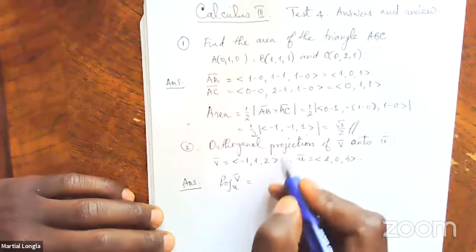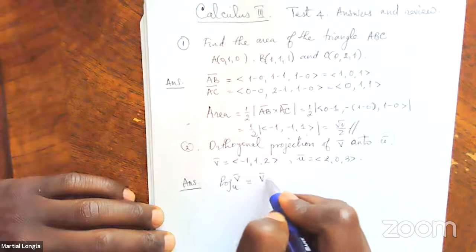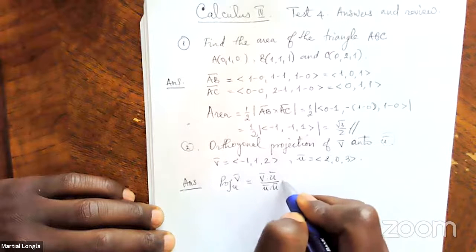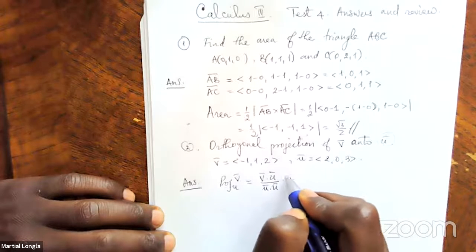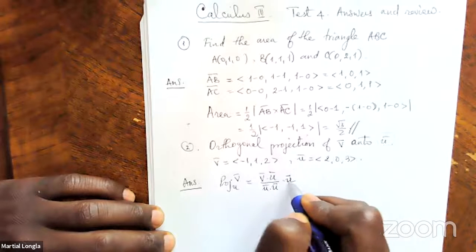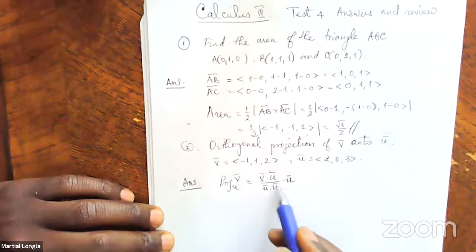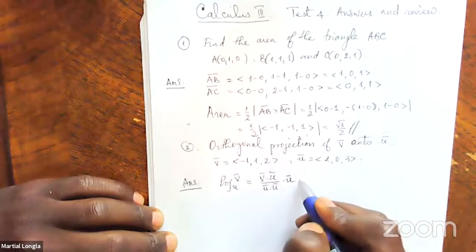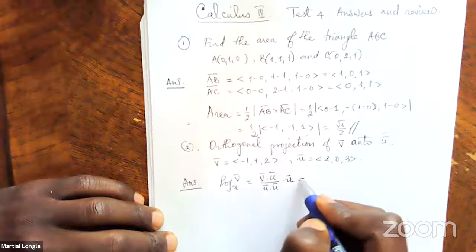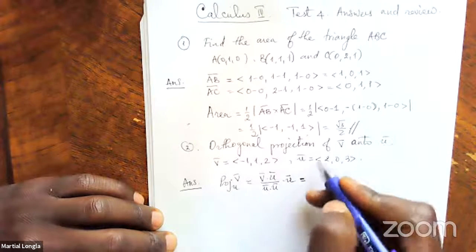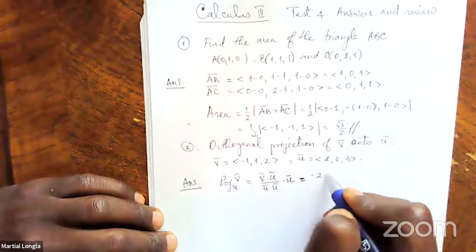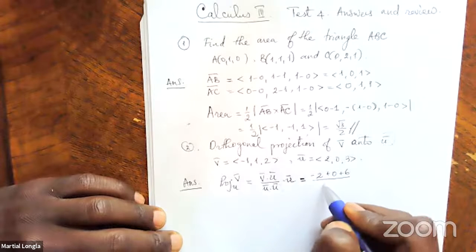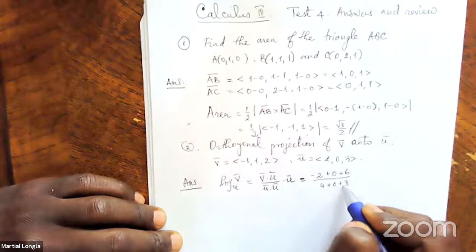And so this is V dot U over U dot U times the vector U, because we are projecting onto U. So the thing that is below there is the magnitude of the thing that we are projecting on, which is U. And that is equal: U dot V here, it's -2 plus 0 plus 6, over U dot U, that's 4 plus 0 plus 3.